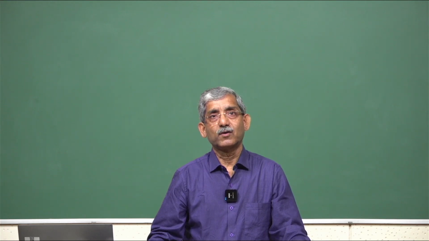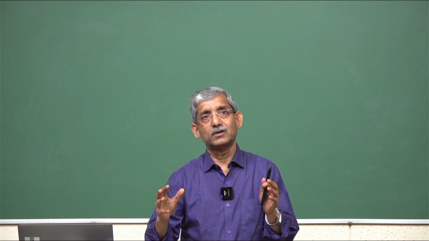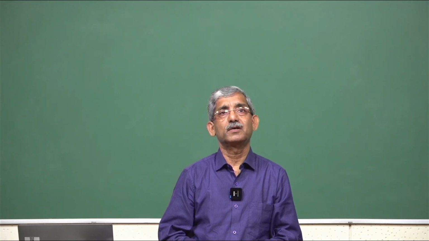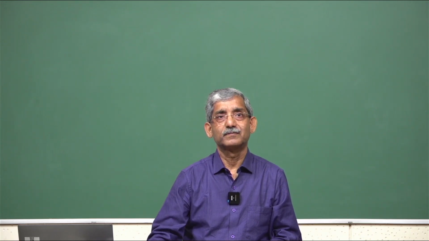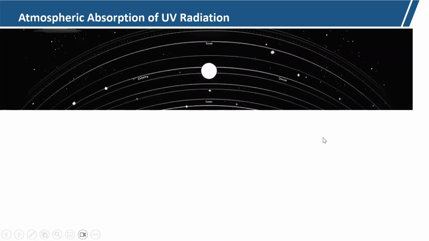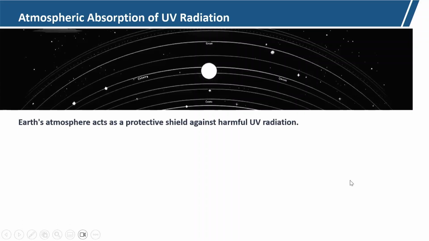Now, let us try to understand how the atmosphere absorbs the UV radiation. These are the different layers in the atmosphere. Earth's atmosphere acts as a protective shield against harmful UV radiation like UVC.